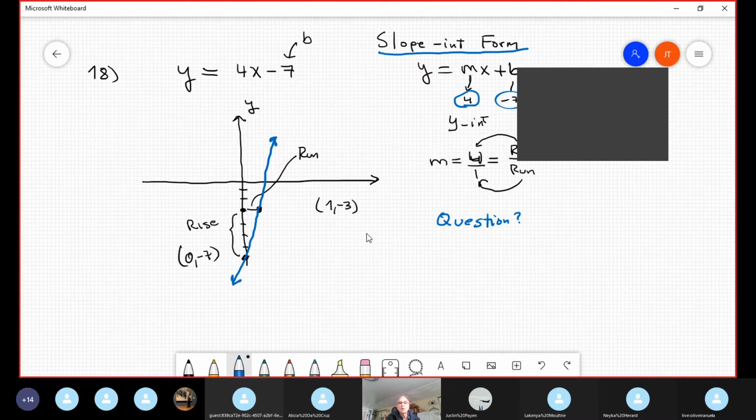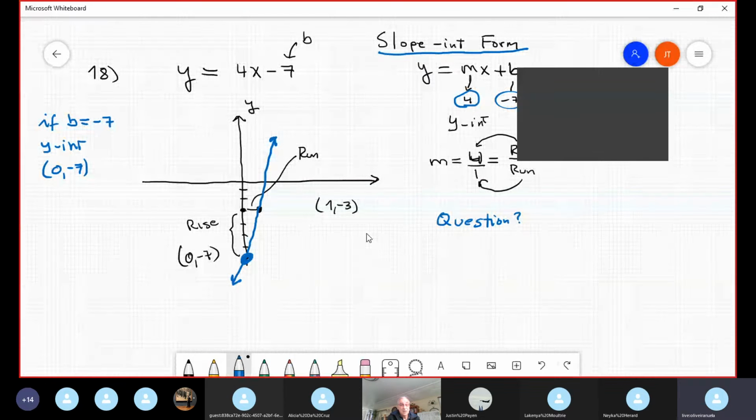So I know if b is -7, it's because the y-intercept is the point 0, -7, because b represents always the y-intercept. I plot that point here. This is clear so far? Yes, Professor.